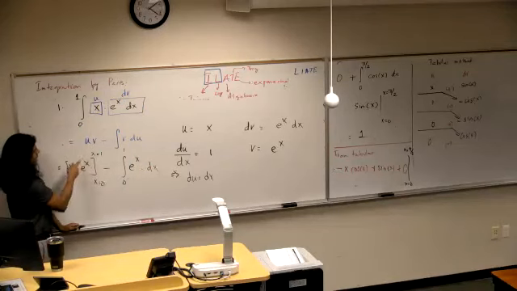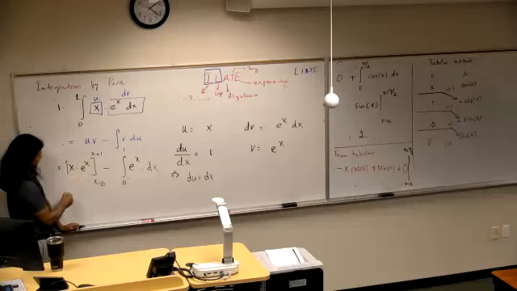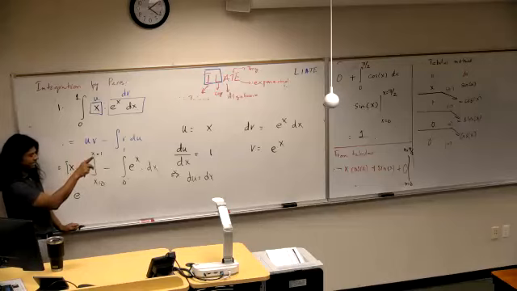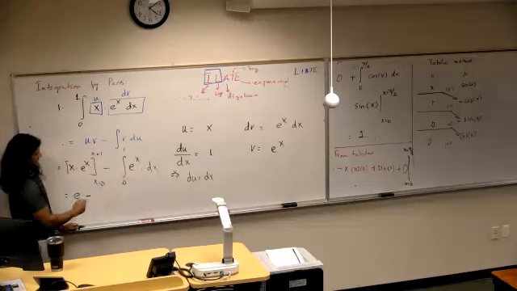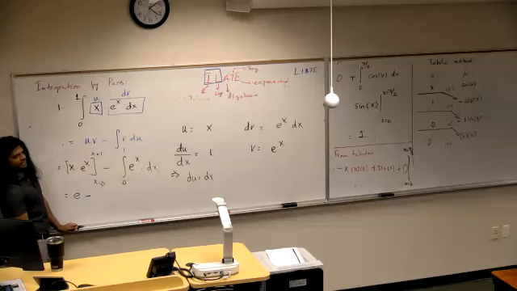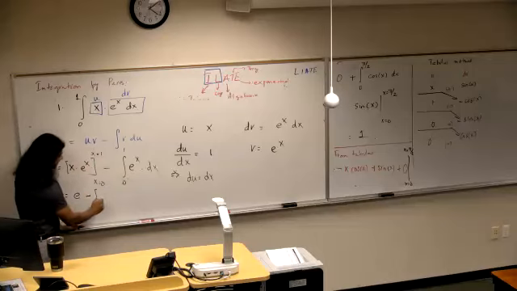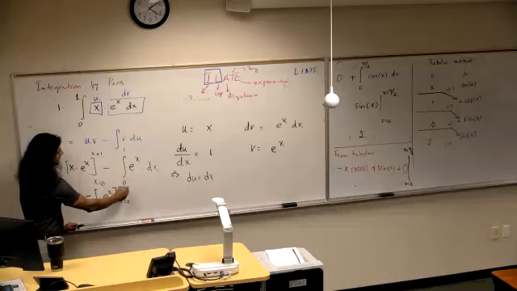Well, upper limit, you get 1 times e raised 1, which is e. Lower limit, doesn't matter, it is going to become 0. Minus, here, integral of e raised x is still e raised x. Plug in upper limit, lower limit.